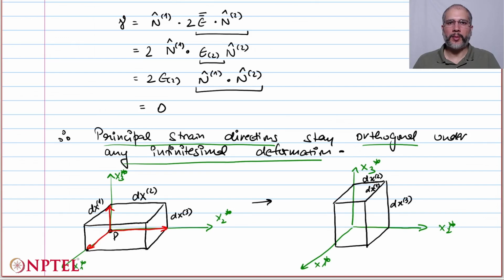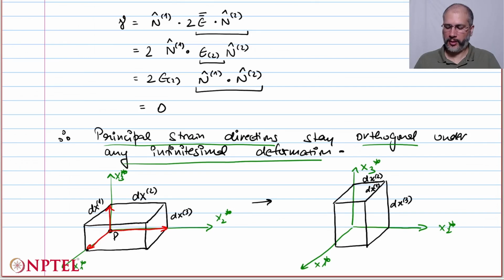So you see a cube element deforms to a cube element in the principal coordinate system because the principal strain directions stay orthogonal under any infinitesimal deformation. So the 90-degree angle between any two mutually perpendicular principal directions has to stay the same, but their lengths can change. Actually, this is a cuboidal element.